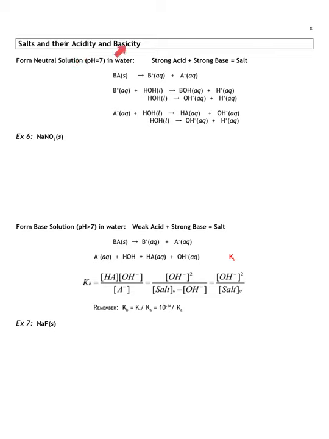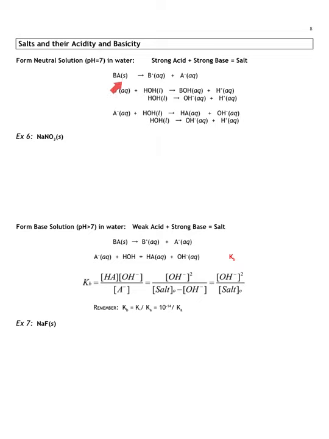Some salts are actually neutral as well, so we can add that into the mix, but really we're looking at the acidity and basicity of certain salts. And we're going to understand why one particular ion of that salt is going to either be acidic or basic or create a neutral solution.